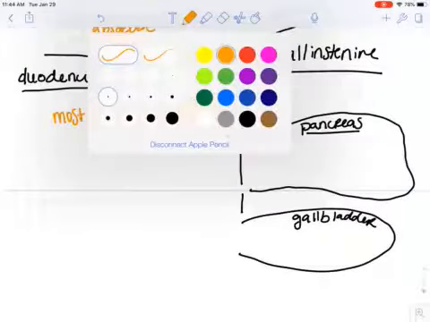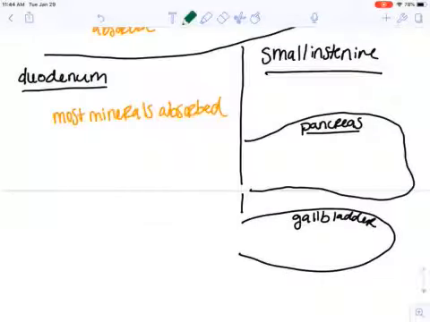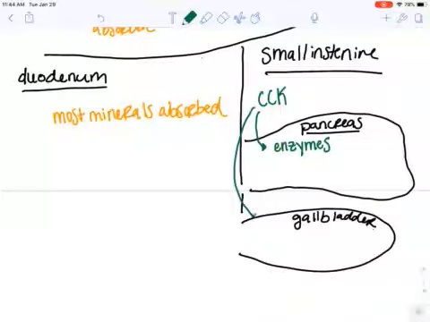So if we're going to look at the hormones that play a role here, we're going to look at CCK. So CCK, or cholecystokinin, is going to release from the pancreas enzymes to help break down the carbs, protein, and fat. And it's going to stimulate the gallbladder to release bile, which breaks down fat.